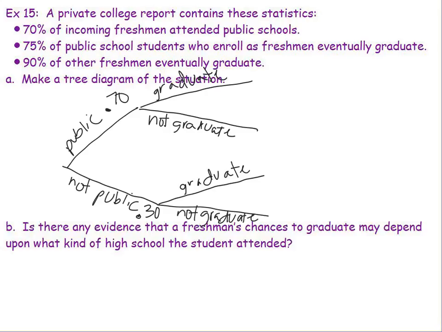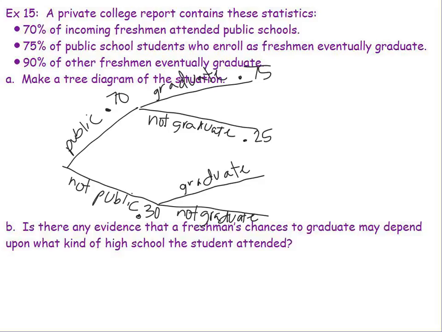Now, let's look at what we know. 75% of public school students who enroll as freshmen eventually graduate. 75% of the public go on to graduate means that 75% is this branch right here. Well, that little pair, graduate and not graduate, has to add up to 100, which means that leaves us 25% here.